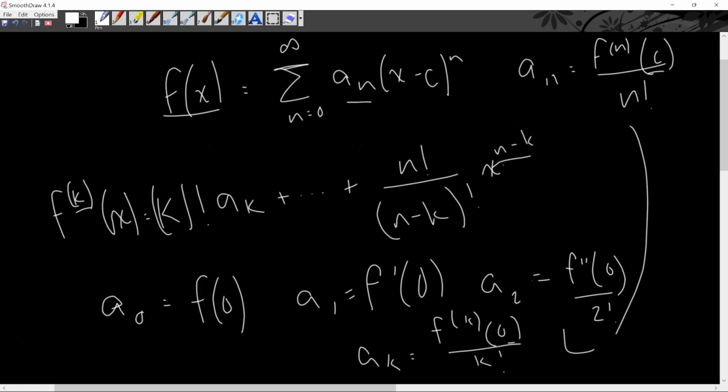But now we have this idea that I'm hoping we sort of see why it works. Like I said at the beginning, this specific proof is a little bit abstract, like seeing the n factorial over n minus k factorial and seeing how the terms had canceled out. We started out with n, then we did n times n minus 1, then n times n minus 1 times n minus 2, and then n times n minus 1 times n minus 2 times n minus 3.